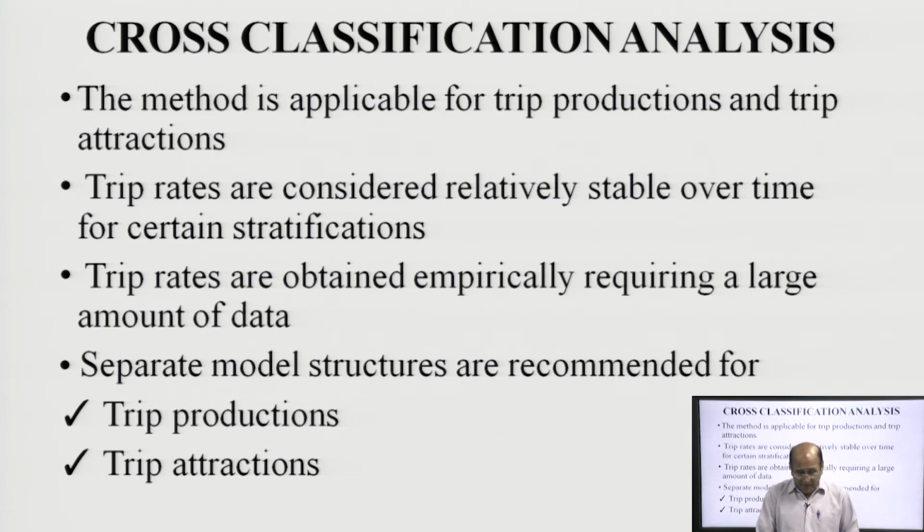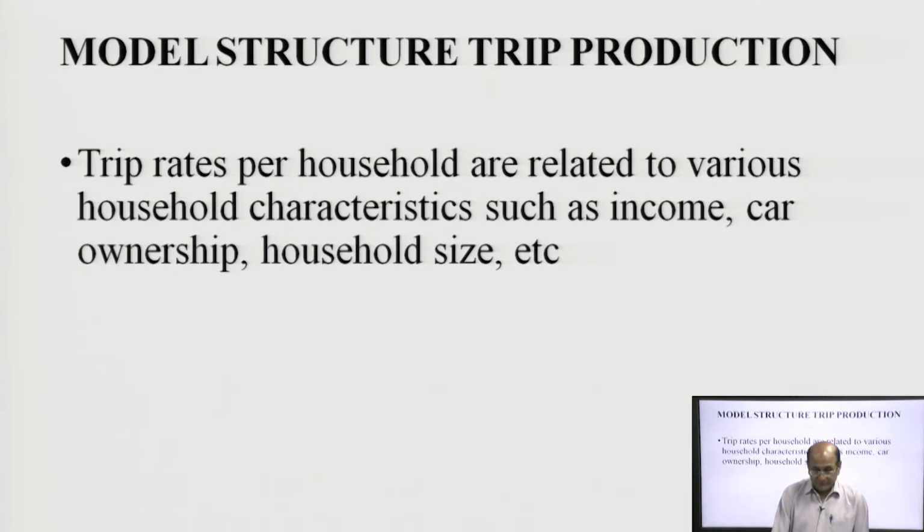Separate model structures are recommended for trip production and trip attraction. The trip rate per household is related to various household characteristics such as income, car ownership, household size, etc.